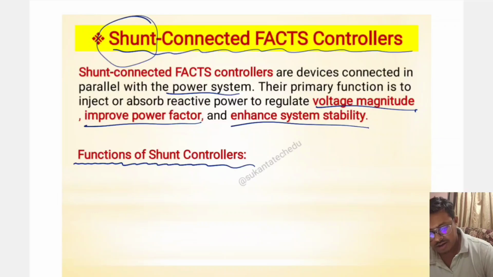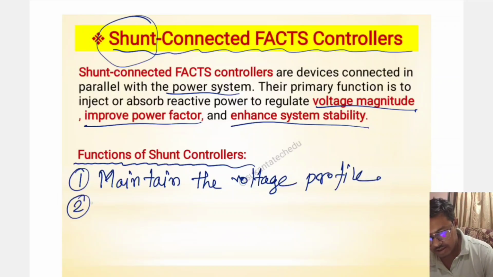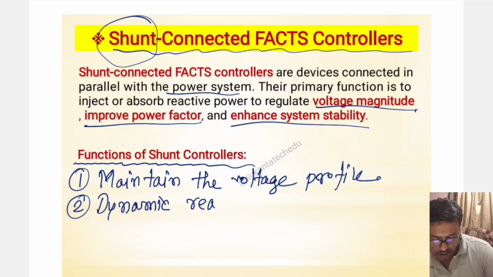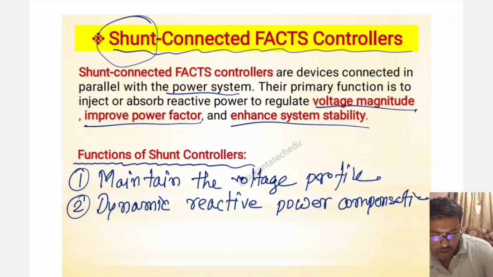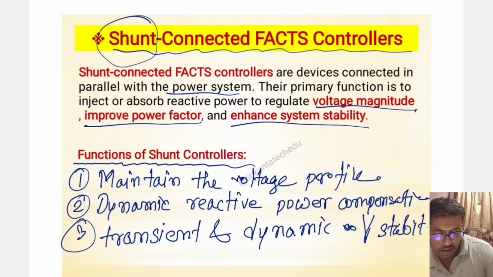Mainly they maintain the voltage profile along the transmission line, then provide dynamic reactive power compensation, then improve transient and dynamic voltage stability, then reduce transmission losses.